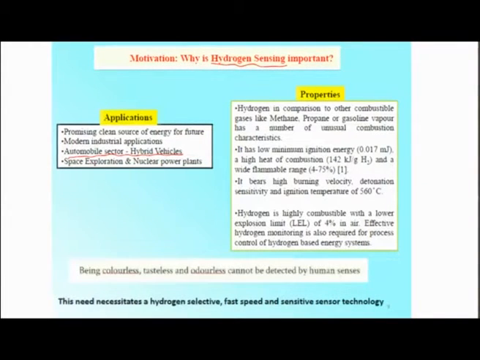Hydrogen level is also being monitored in more or less all modern industrial applications. Hydrogen is a clean source of energy for the future. For space exploration and nuclear power plants also, sometimes hydrogen is used as a fuel, and so its storage, its reliability in supply, and its leakages and losses are critically needed to be monitored and analyzed.